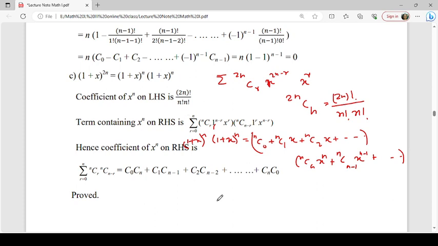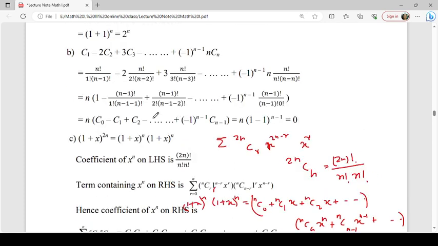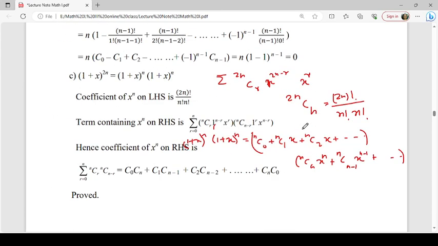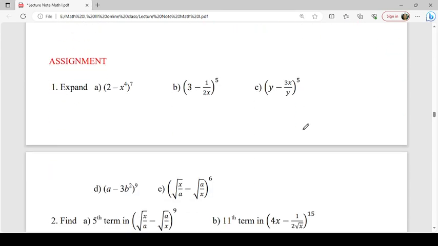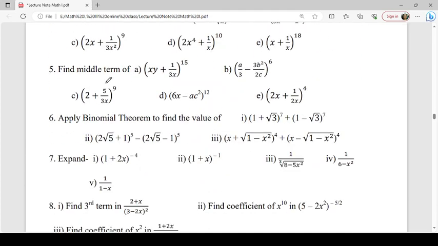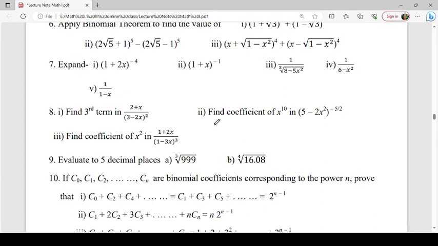So it is proved. So we needed to prove this one. This is the coefficient on the right hand side, and this is the coefficient on the left hand side. So these are assignments you can try. The procedure is the same, you can try it.